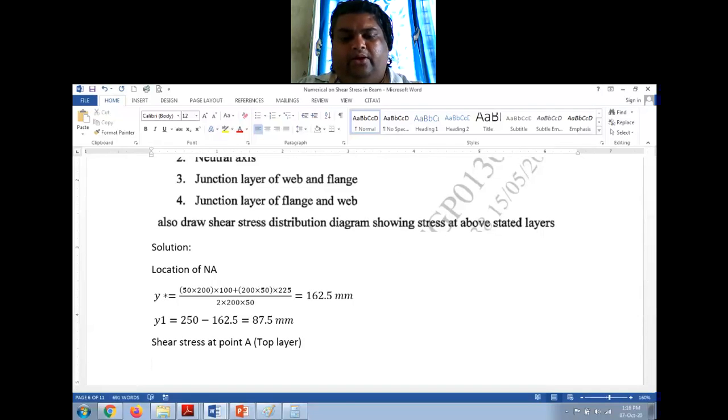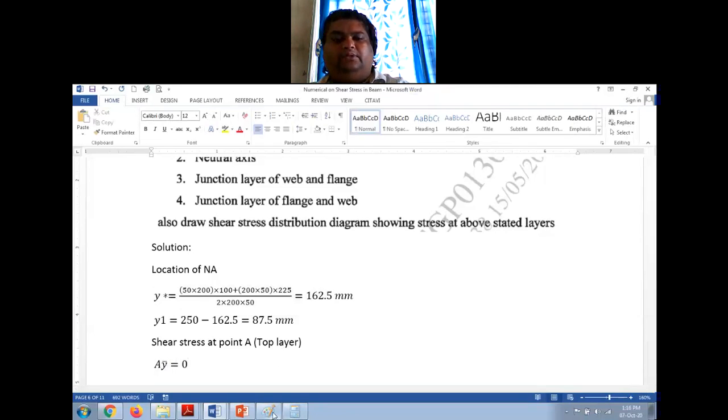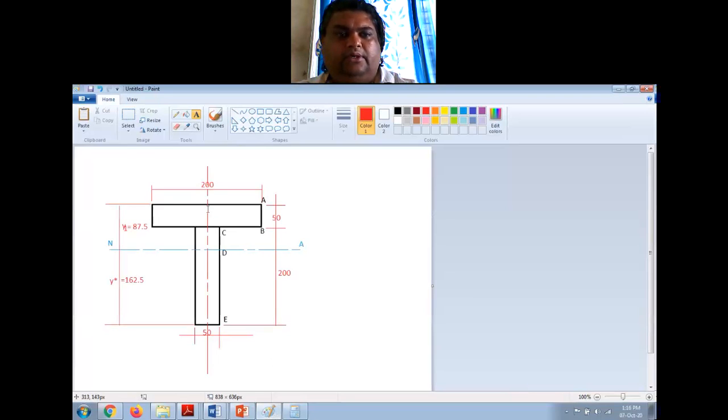So at the top layer of section A, A y bar is equal to 0, because above this top layer you have to consider the area above that layer.